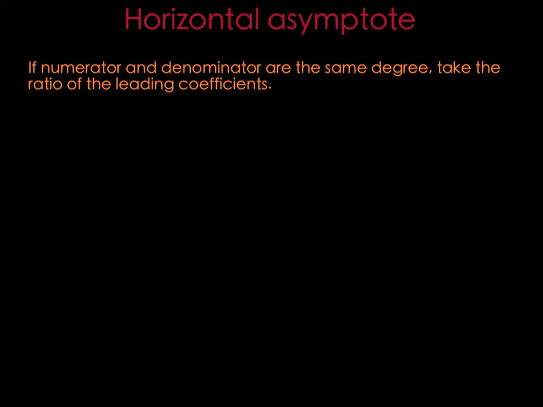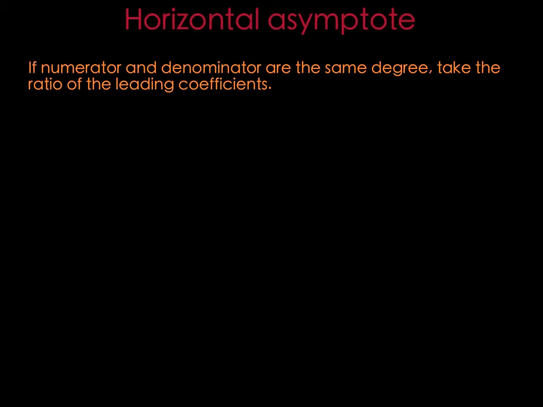The horizontal asymptote: there is only going to be one, if there's going to be any at all. We've talked about that too. If the numerator and the denominator are the same degree, like we did a couple days ago, you take the ratio of the leading coefficients.